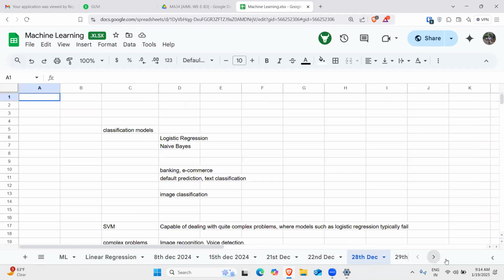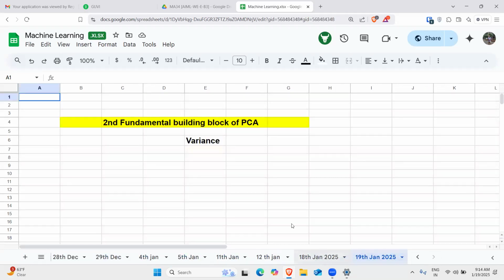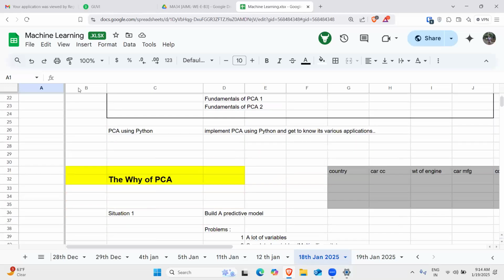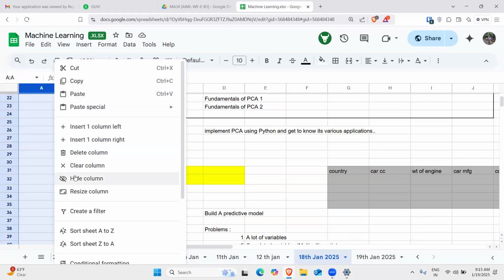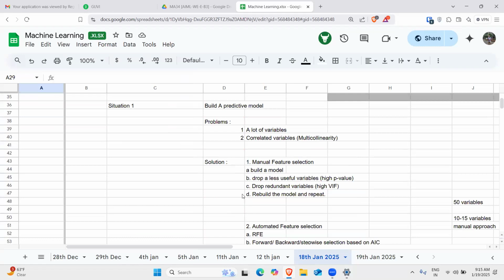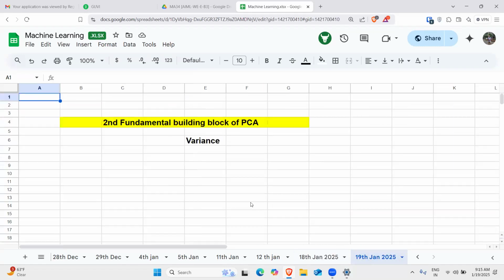So in the last session, that is 18 Jan, we discussed the first fundamental building block of PCA, and we discussed multiple scenarios where we tried to find the importance of PCA and its working. Now we are interested in the second fundamental building block of PCA, that is variance.